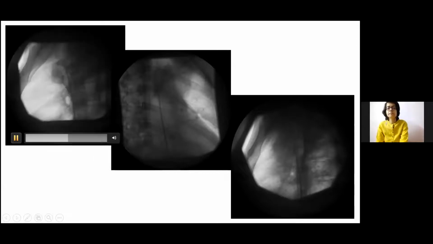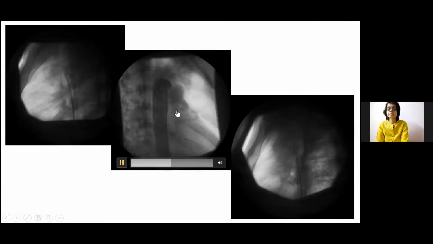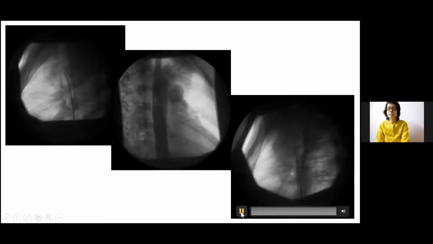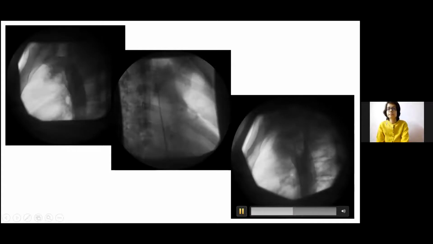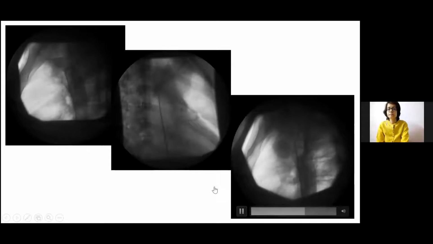This is the 90-degree lateral one, where you can see there's a nice round aneurysm, and this is the 30-degree RAO view showing the neck, delineating the neck further, and this was the 30-degree LAO view, which showed the neck to be in perfect position.